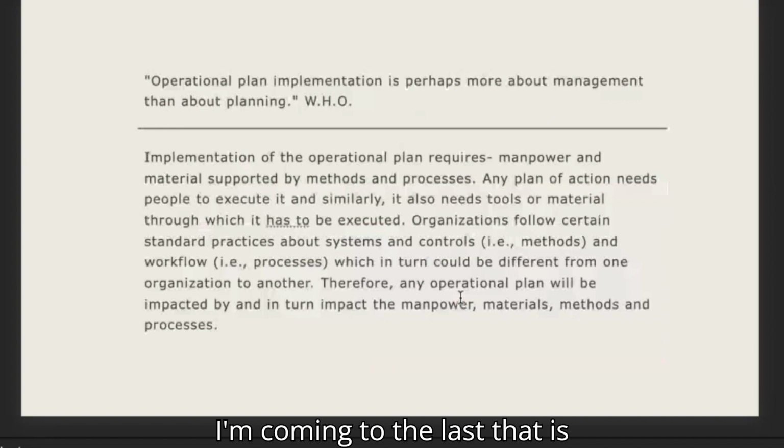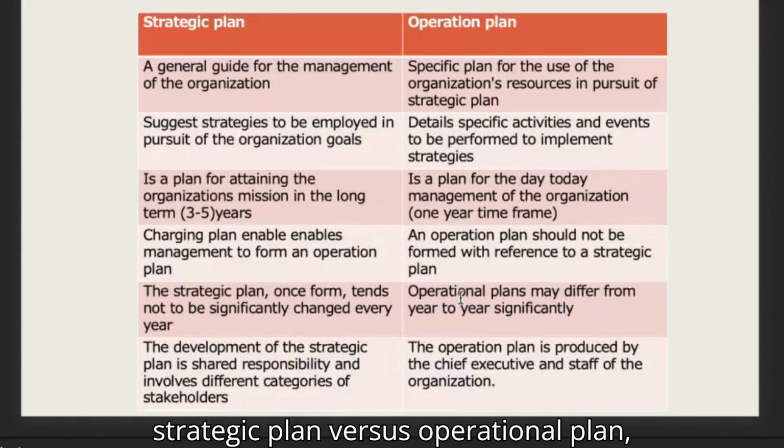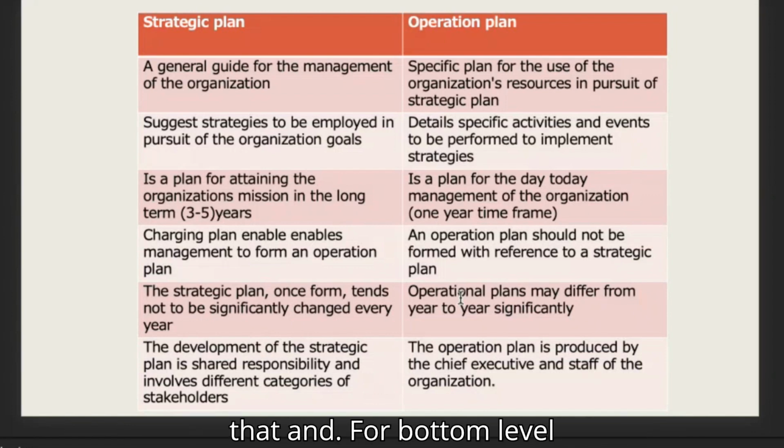And coming to the last, that is strategic plan versus operational plan. Top level management does the strategic plan, and the bottom level does the operations. A strategic plan is for 3 to 5 years.